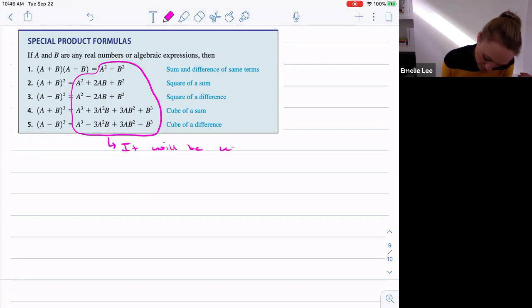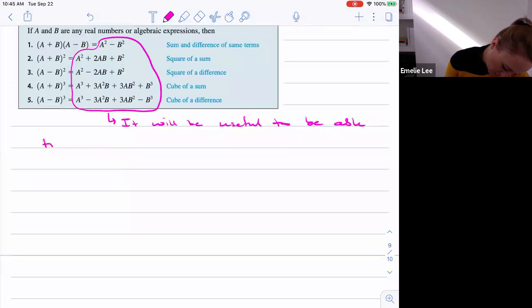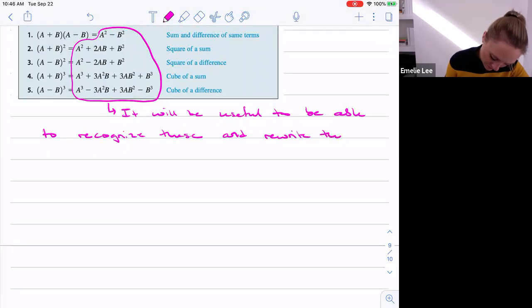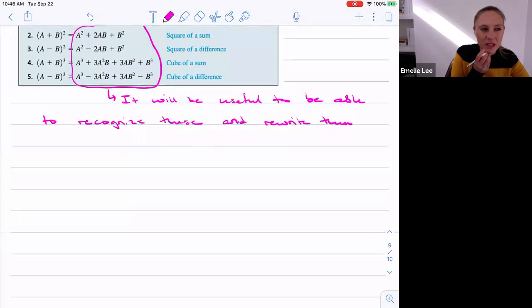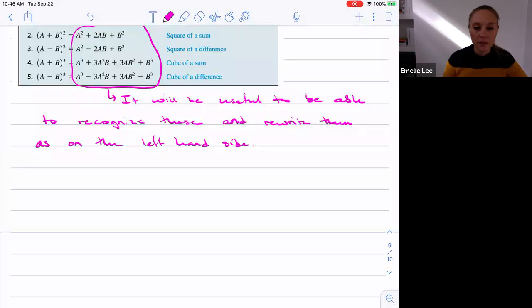It will be useful to be able to recognize these and rewrite them as on the left-hand side, definitely if you're simplifying.